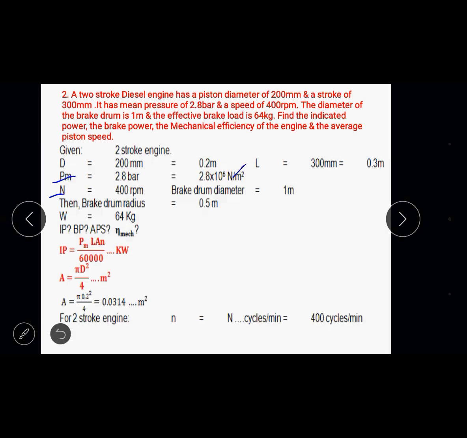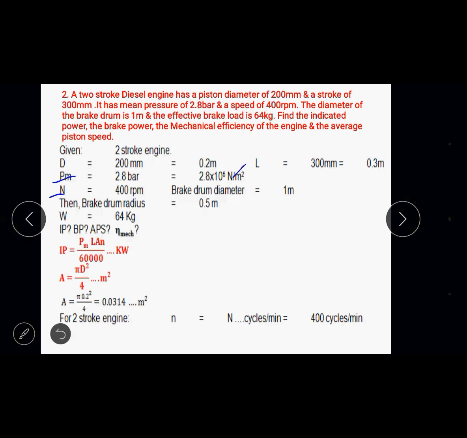From the diameter you can calculate the radius, half of the diameter, that is 1 by 2, it is 0.5 meter. And then the effective brake load is given, that is capital W, 64 kg.